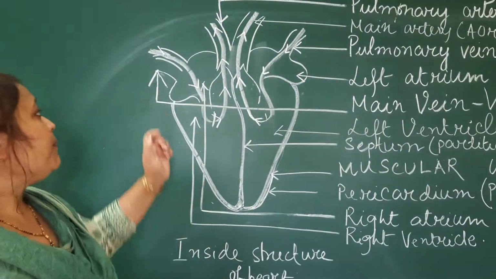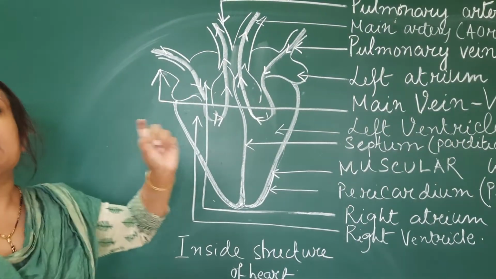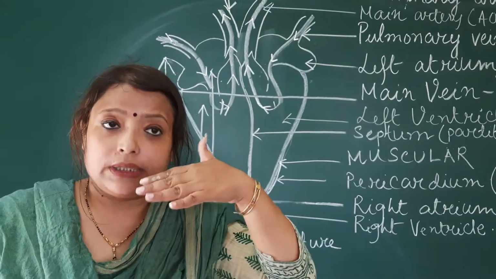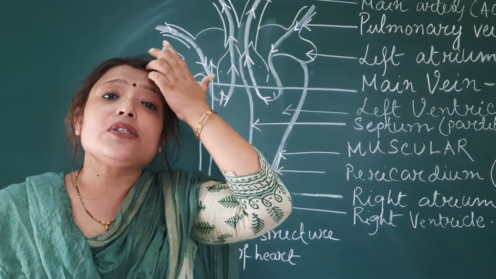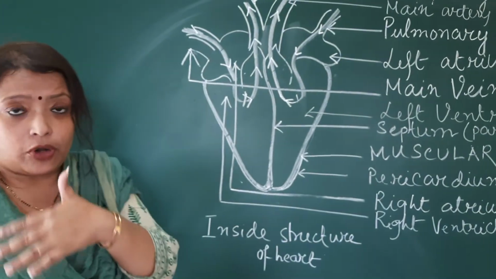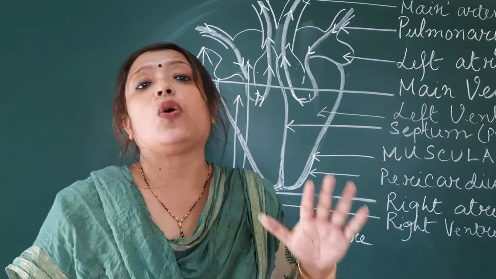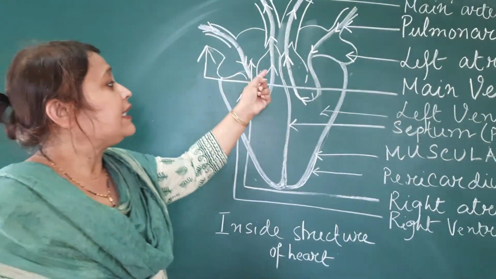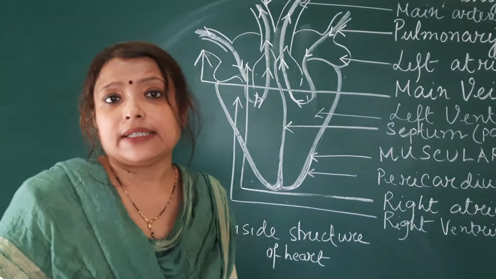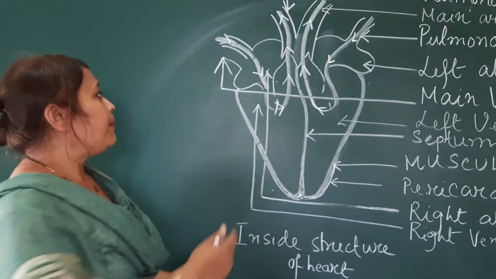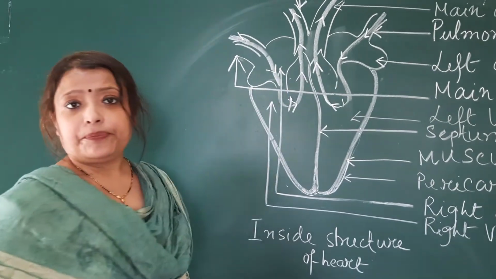This vena cava is divided into two parts. The upper part is called the superior vena cava, and the blood coming from the lower part of the body comes through the inferior vena cava. So through the vena cava, the deoxygenated or impure blood from throughout the body comes into the right atrium.